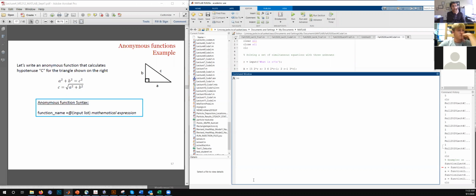Okay. So now we are going to set up an anonymous function to calculate the hypotenuse. So we are going to follow the same syntax. Function name is equal @input list and then the mathematical expression. So for that, the function name is up to you. So hypotenuse is, suppose, the function name, equals @. So tell me what should be the inputs here?